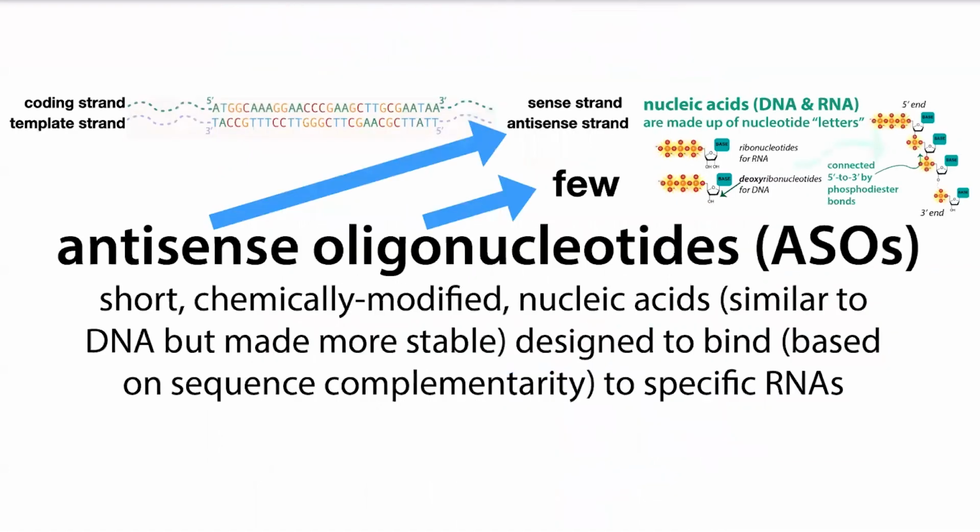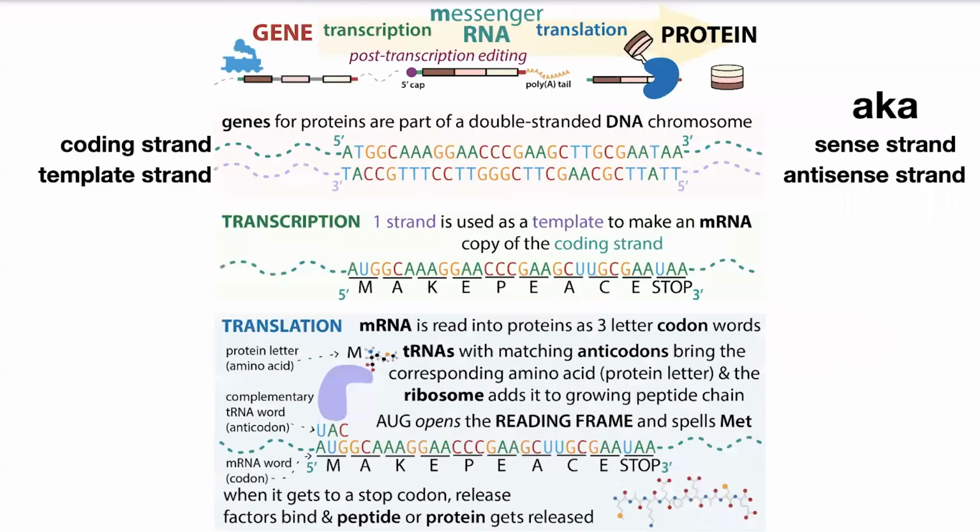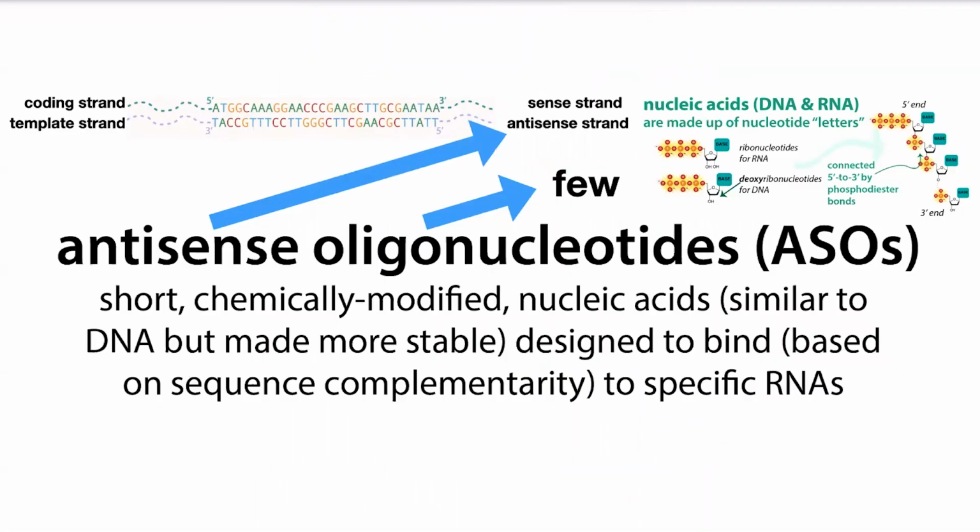And so when we talk about an antisense oligonucleotide, we're talking about a sequence that is going to specifically bind to the sense strand. So it's going to be able to bind to the messenger RNA, or as we'll see, the pre-messenger RNA. So basically, this is just telling us that we have the sequence that's going to specifically bind to a sequence we're going to try to target. Okay, so that was antisense.